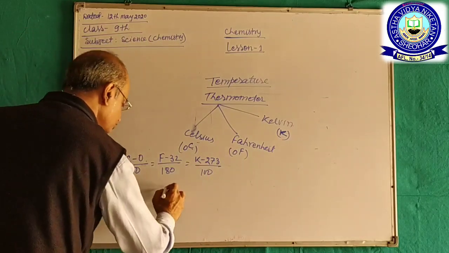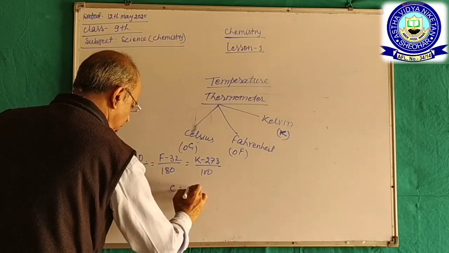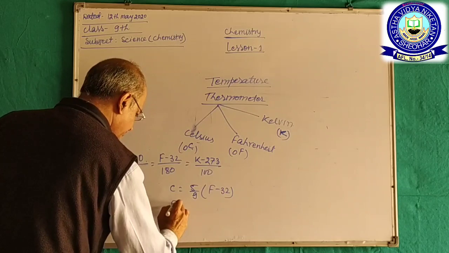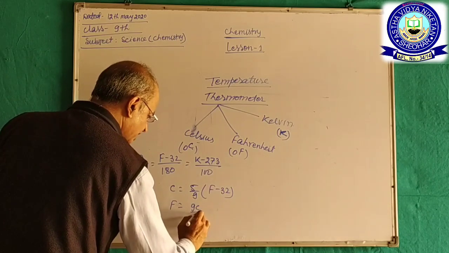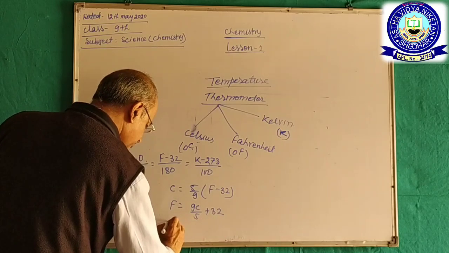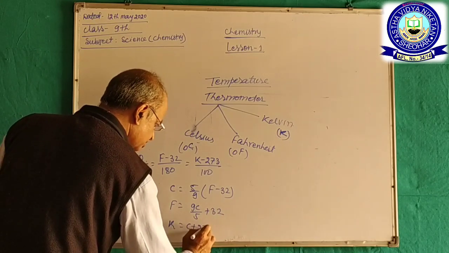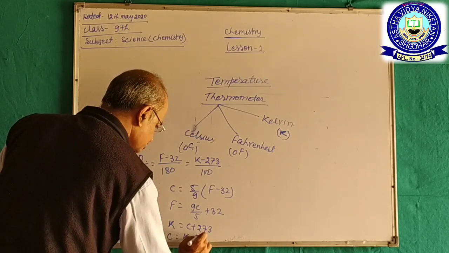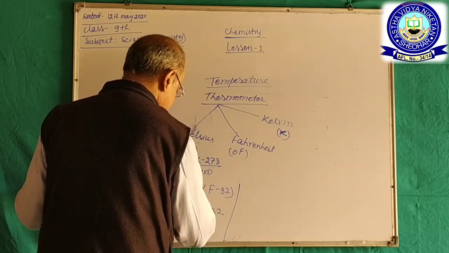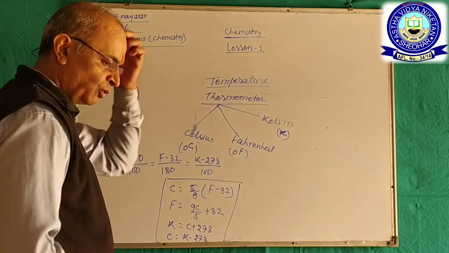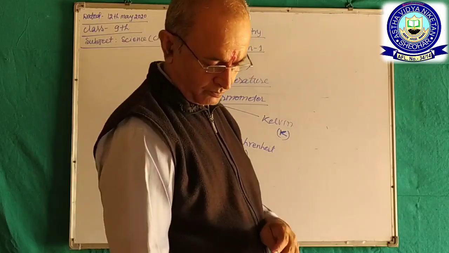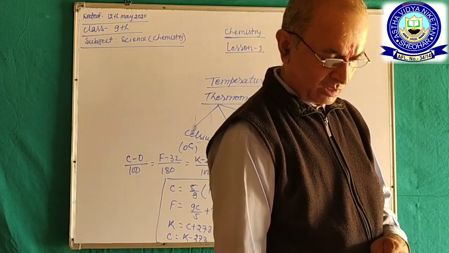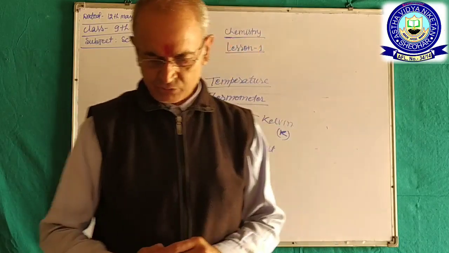This relation gives C is equal to 5 by 9 (F minus 32), F is equal to 9C by 5 plus 32, K is equal to C plus 273, and C is equal to K minus 273. These relations help you interchange the scales of temperature, which is the unit of measurement of temperature.